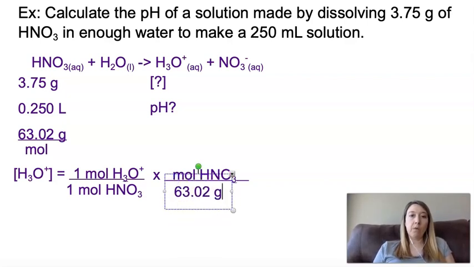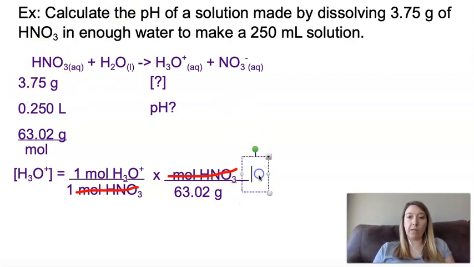Okay, looking at our units, we now can get rid of moles of HNO3. Next thing we need to do is get rid of grams. Well, we can use that 3.75 grams that we had. So times 3.75 grams, throw that over 1. Okay, now we can get rid of our grams.